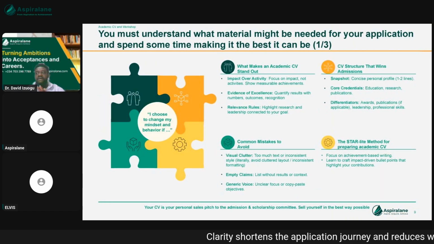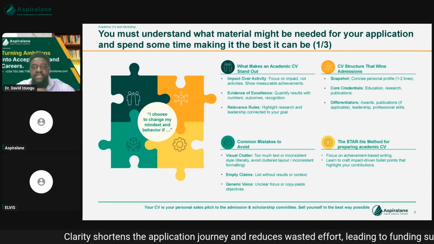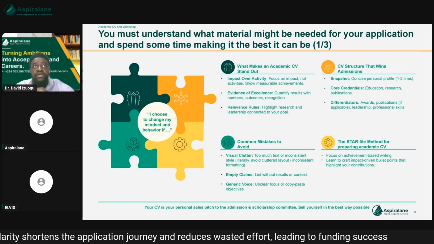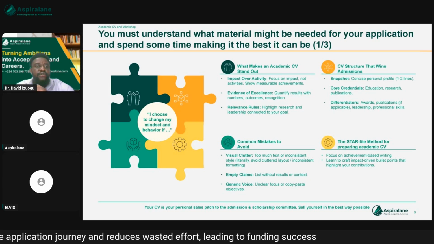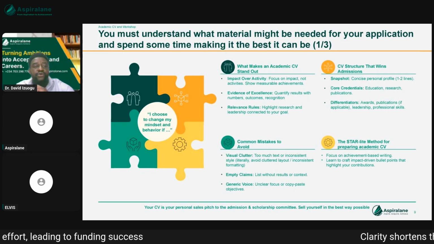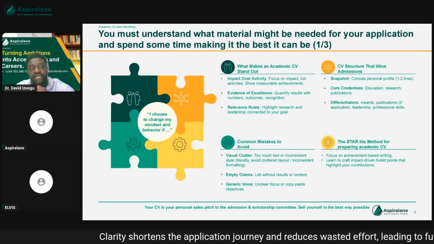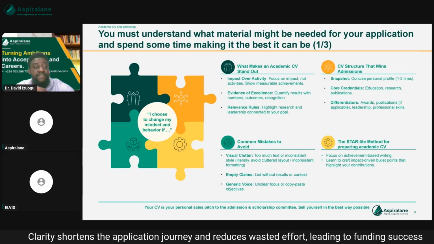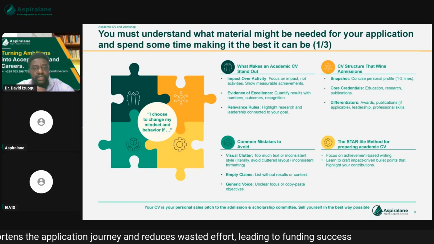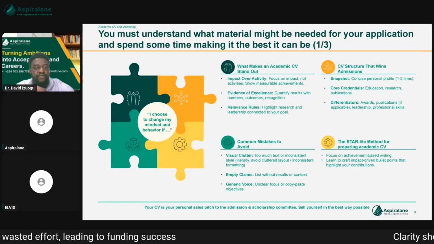So this afternoon, we are going to be looking at 3 different cornerstones of your graduate application as well as your scholarship. Because the only time you will have the opportunity to speak to someone is during your interview. But before you have that opportunity, you need to convince someone who is looking at your academic credentials that you are worth inviting for that interview.